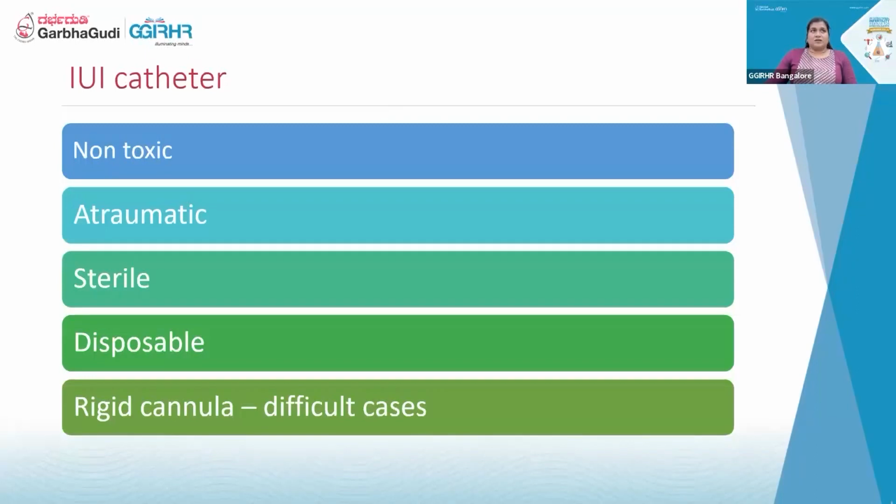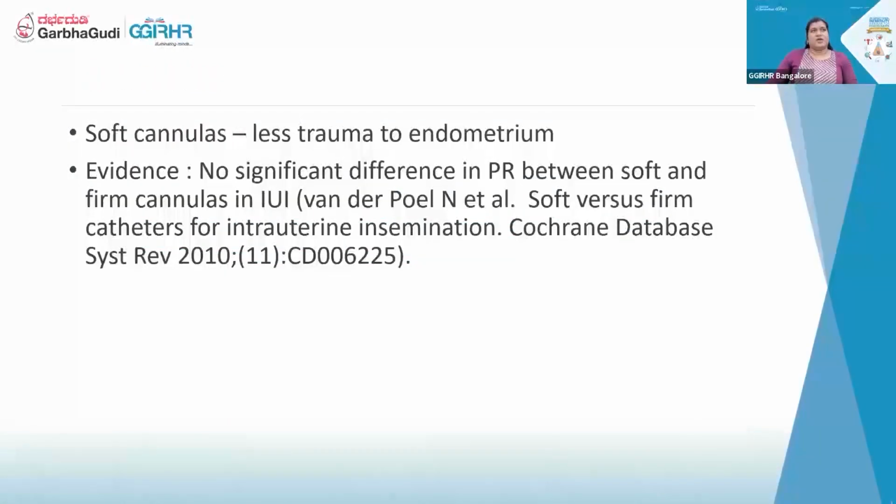The IUI catheter is non-toxic, atraumatic, sterile, and disposable. There is also a rigid, stiff cannula for IUI, which can be used in difficult cases with difficult access. Soft cannulas cause less trauma to the endometrium in case you are touching the fundus.